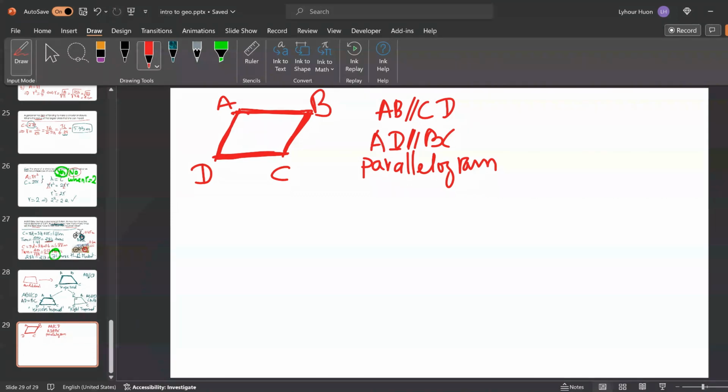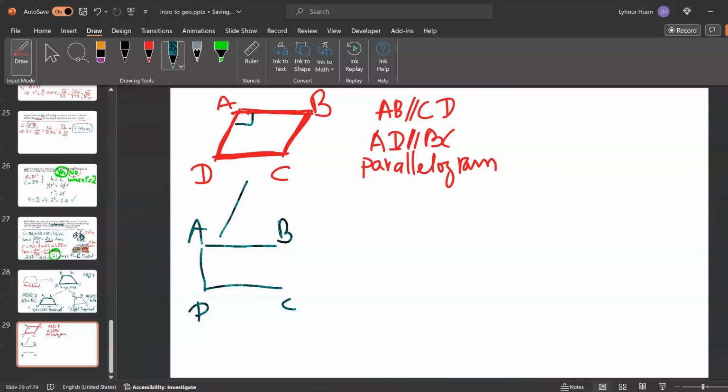Okay. So from these parallelograms, what if there is one angle, let's say angle A, becomes 90 degrees? So the shape will be AB to CD here, and then angle A here is a right angle. Then the shape will look like this.